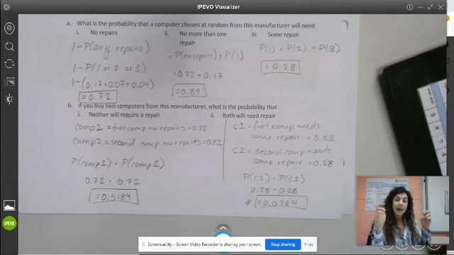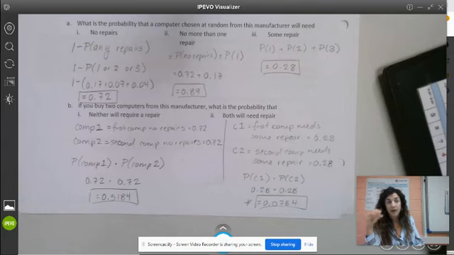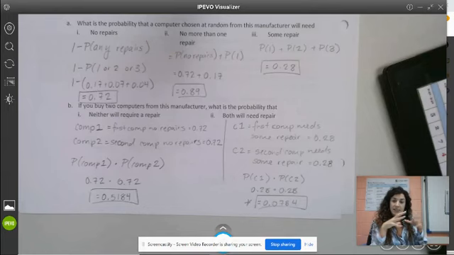Okay, the idea of and versus or. And gets more specific, right? And is like we have to fit all of these requirements in order to satisfy this probability, which means it's a very small likelihood that we will satisfy that probability. So and is multiplication because that probability gets smaller and smaller and smaller.